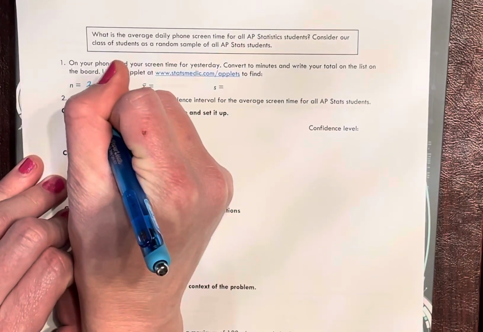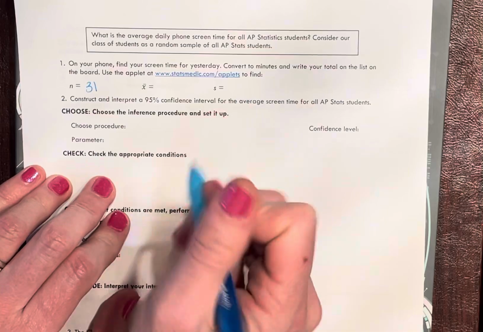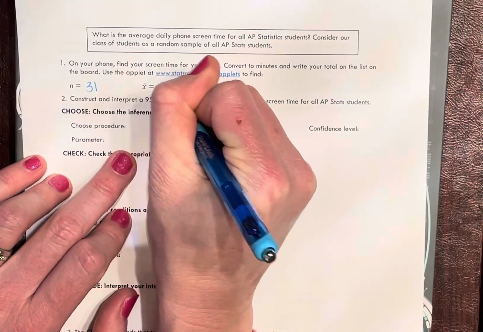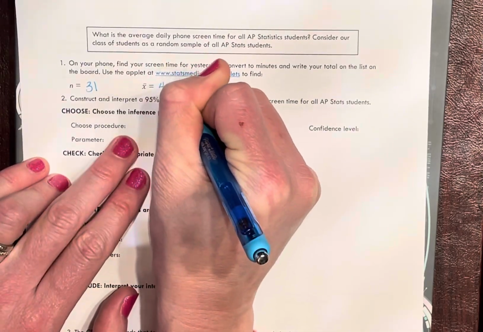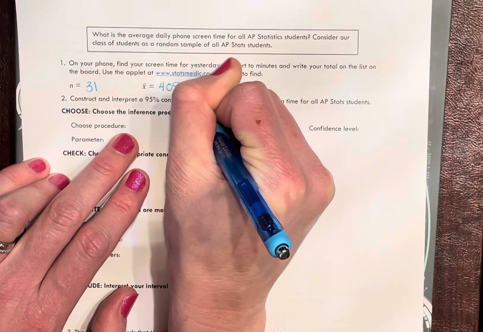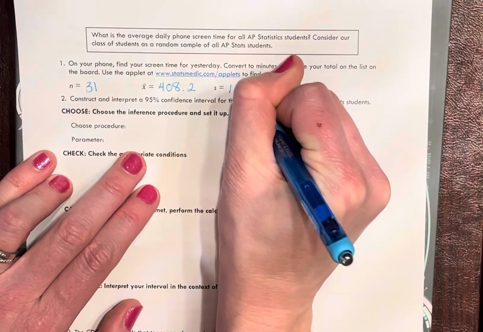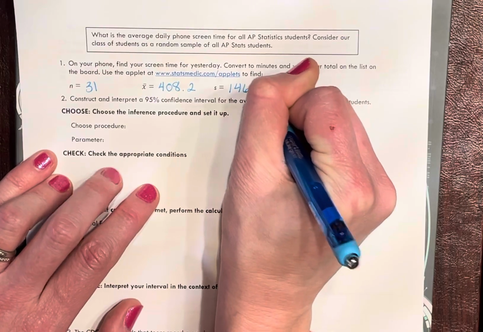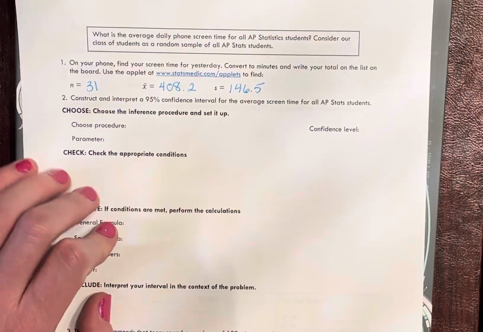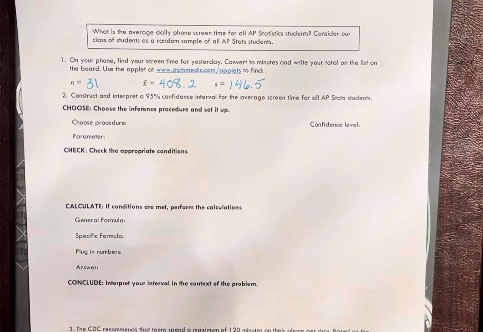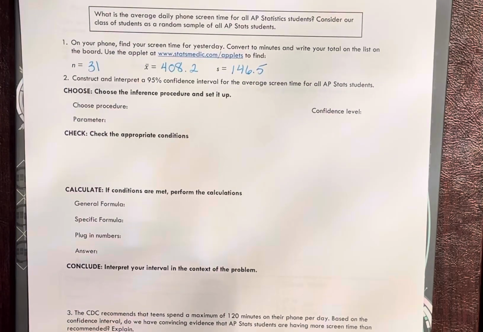So last year, the class that I recorded had 31 students. In that class, the average amount of screen time was 408.2 minutes, and the standard deviation was 146.5 minutes.